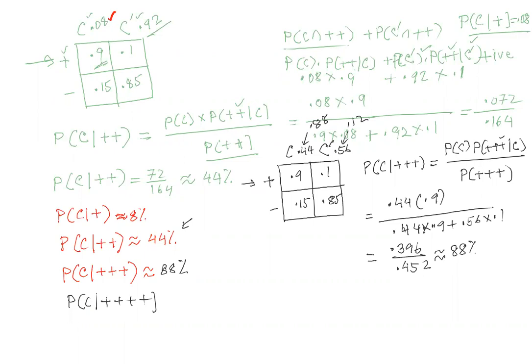As you can see, the more tests you do, the more the chances that the person has cancer. Because if a person is tested multiple times and it kept coming out positive and positive and positive, of course, it's probably cancer.